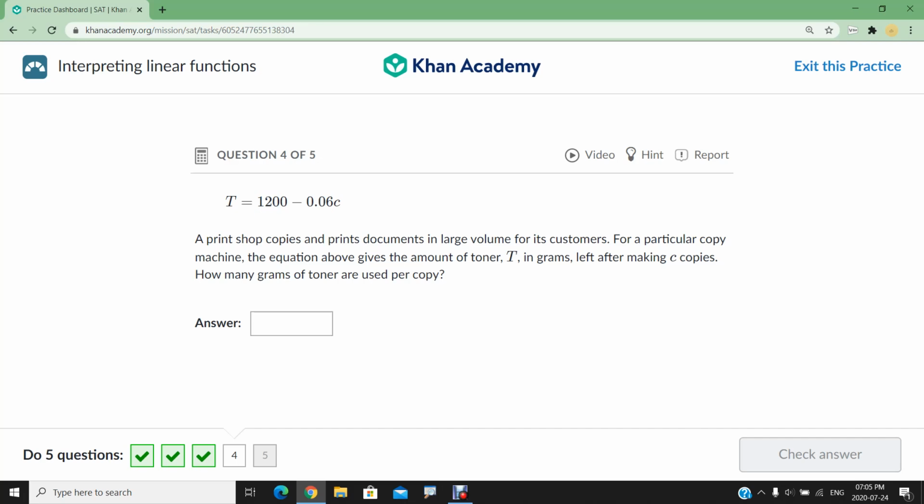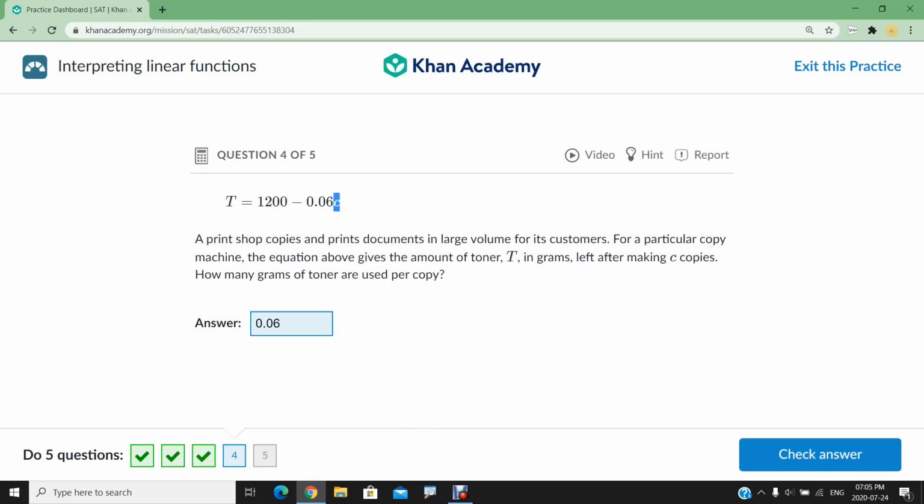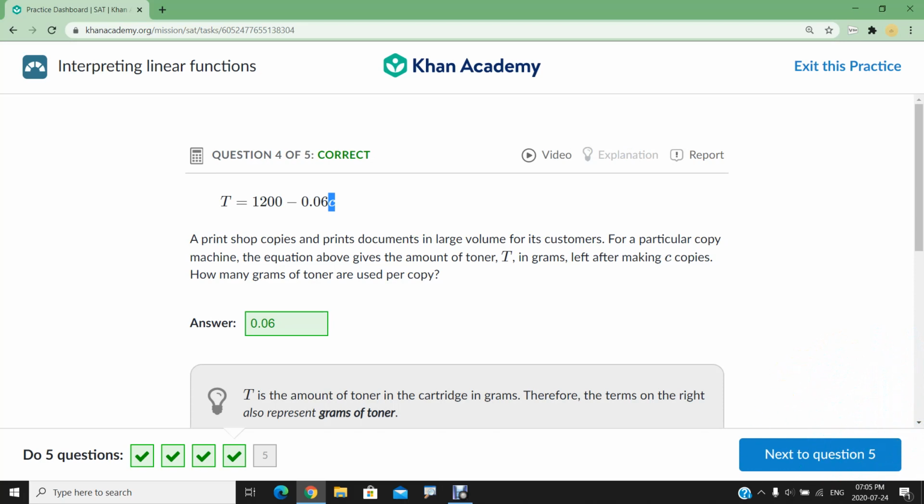So how many grams of toner? I would simply say it's 0.06. The 0.06 grams of toner is used per copy. As you can see, for each copy that you make, the toner decreases by 0.06. So let's check that answer, and it's correct.